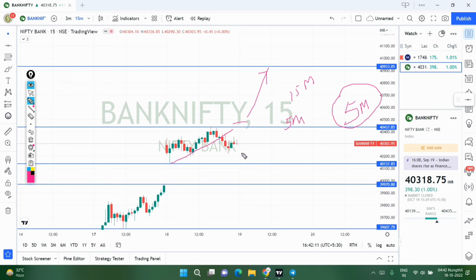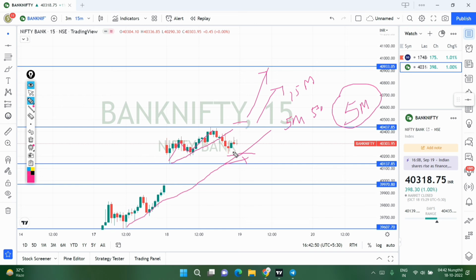Let's say if it opens flat and starts going below 40,200 or 40,150, we are going to sell with half quantity. If it opens flat and gives a close above 40,450, you can start a bullish momentum trade by keeping a 50 to 60 point stop loss, and you can target 300 to 350 points.